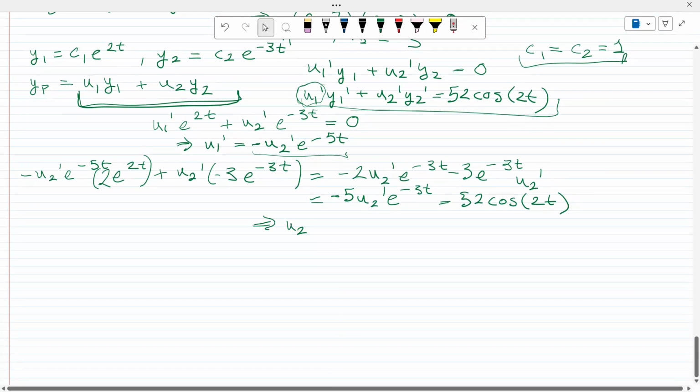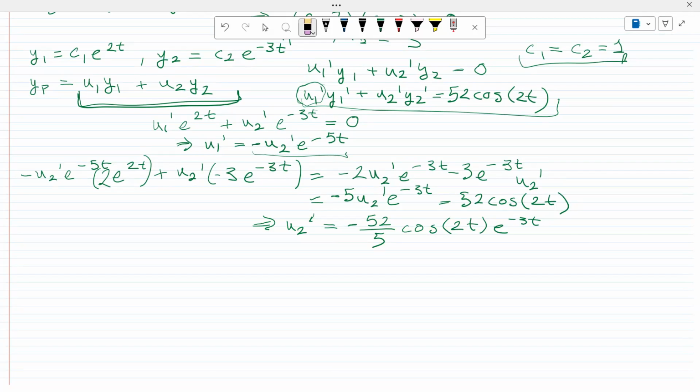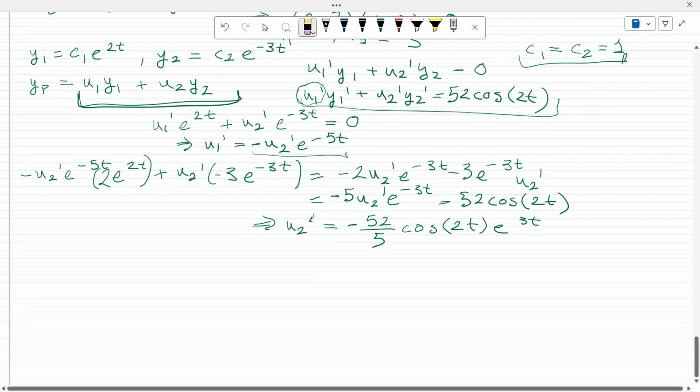And so we get our expression for u2 prime, which is equal to negative 52 over 5 cosine 2t e to the 3t. No negative. Then we can take the integral on both sides and solve.